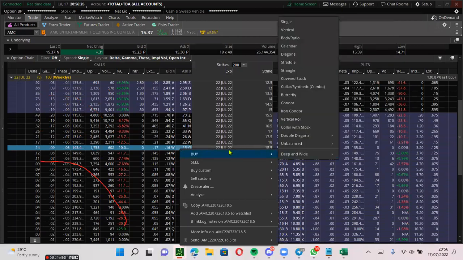You sell it first, and all you need to do is have at least $1,800 or something like that. You need to have the margin to cover it back.